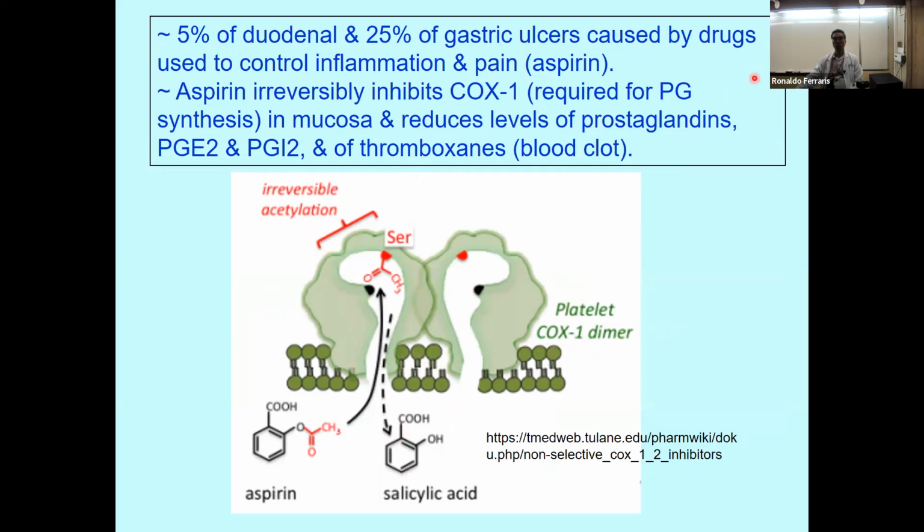Cyclooxygenase is required for synthesis of prostaglandins and thromboxanes. Aspirin, as depicted by this chemical reaction here, acetylates one amino acid residue in cyclooxygenase, and the acetylation is irreversible, and therefore these enzymes don't work. You don't have prostaglandins, you don't have thromboxanes, or you have reduced levels, and eventually you will get an ulcer.